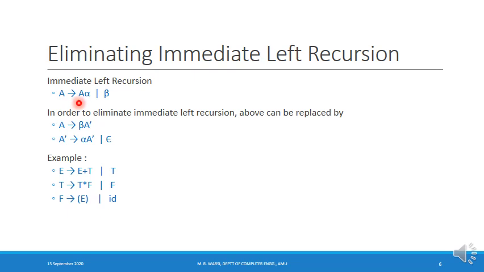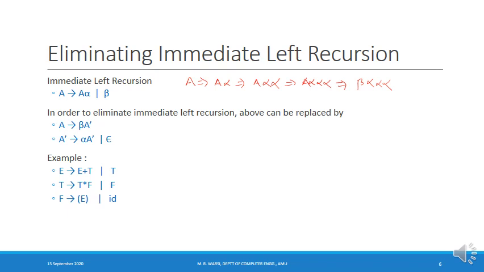First of all, let us understand what kind of a string is accepted by this grammar. I start the derivation from capital A and I expand it to A alpha. I further expand capital A and I obtain this. I further expand capital A and I obtain, for example, this. And let's say now I apply the second production and I obtain, for example, this. So in general, what kind of strings are accepted by this grammar?